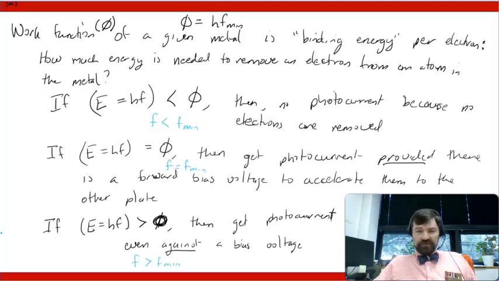So there's a further interpretation going on here with this last point. You can get a photocurrent even against a bias voltage provided that the bias voltage is not too great. So in some sense you can tune the voltage higher and higher and therefore cause a larger and larger deceleration of my charged particles.